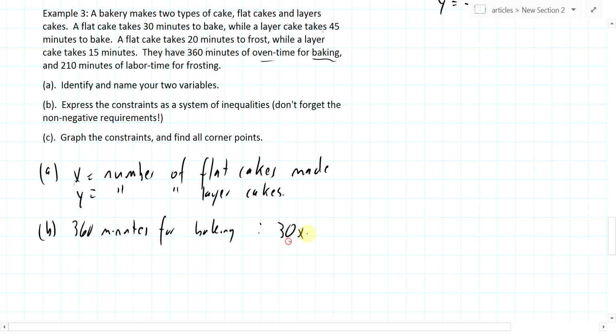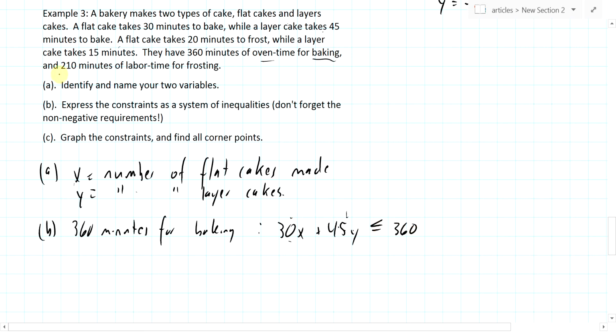That's the time it takes to bake all my flat cakes. And if y is the number of layer cakes I'm going to make, that'll take 45 minutes for each one, so 45y. So this is the time needed to make the layer cakes. This is the time needed to make the flat cakes. That all has to be less than or equal to 360.